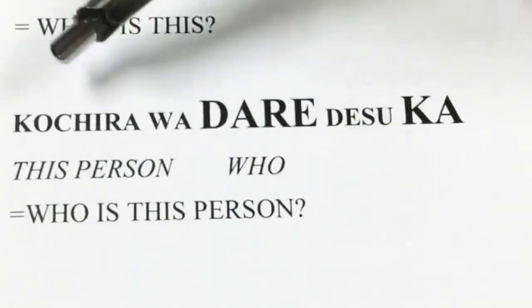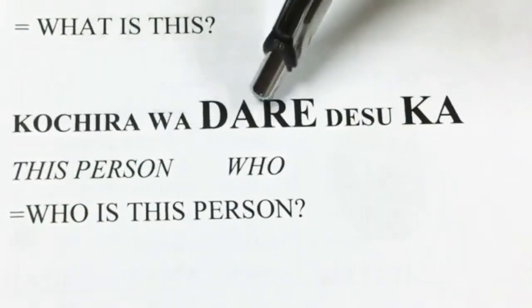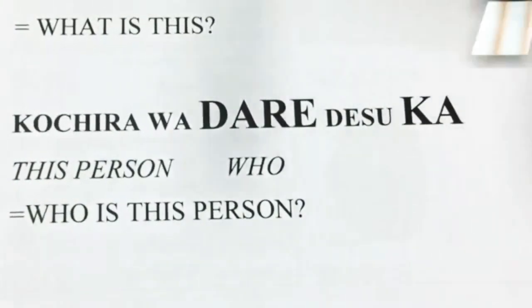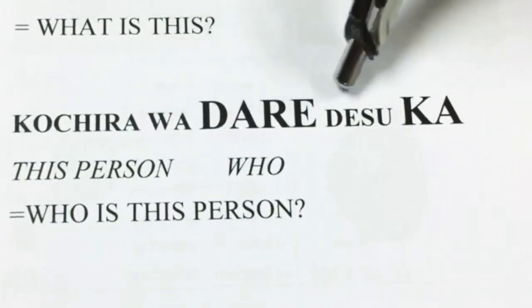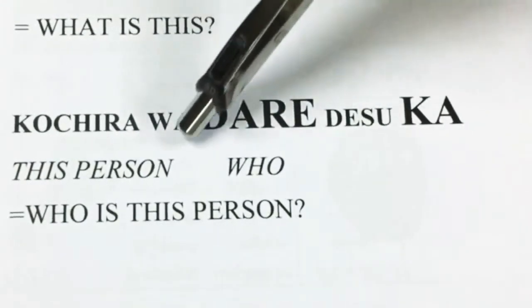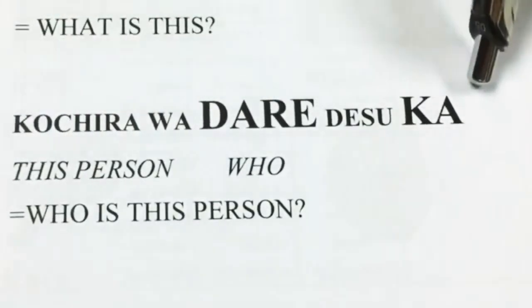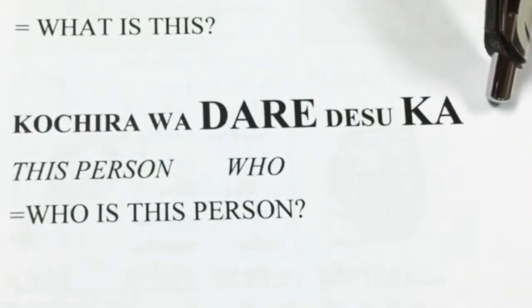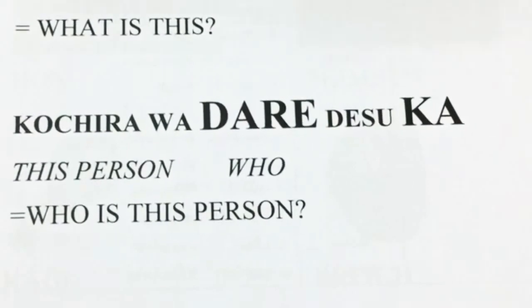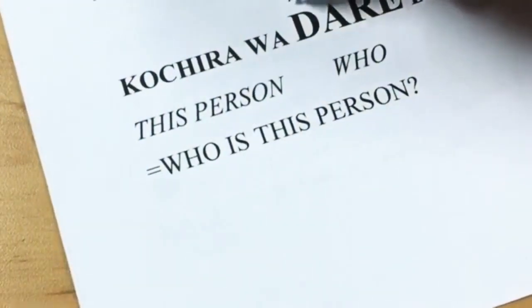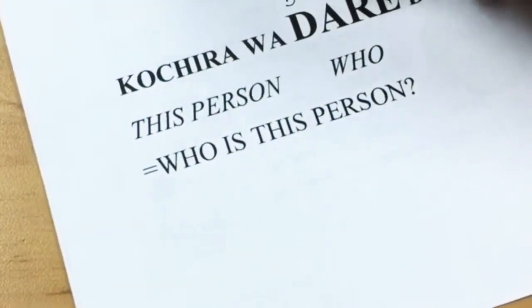Now, if you are asking for a person, こちらは誰ですか? Or you can simply omit the subject and say 誰ですか? Who is that? Who is it? Japanese also has a very polite word to ask for a person, which is どなた.